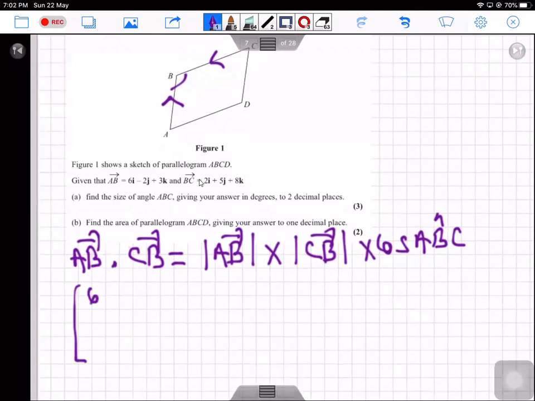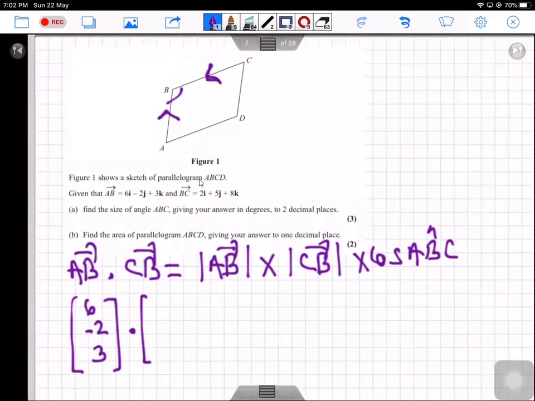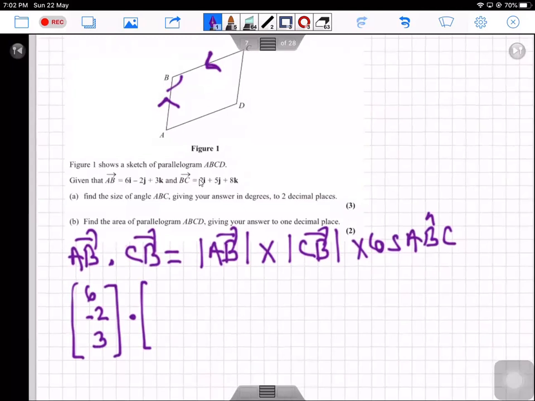All right, so AB vector is 6i minus 2j plus 3k. So 6, minus 2 and 3. We are given the BC vector, but I'm supposed to select the CB vector over here. So in order to use the CB vector, all of the components of this BC vector will be multiplied with a negative sign because the direction is reversed. So minus 2, minus 5, minus 8.